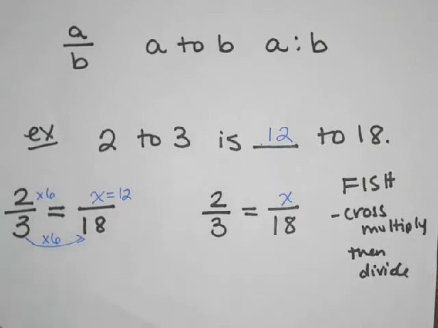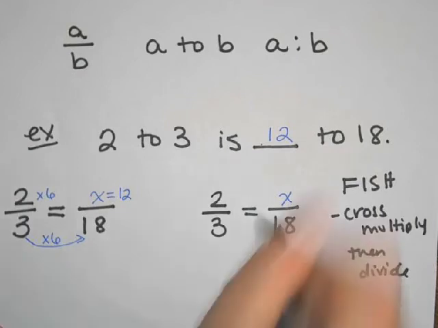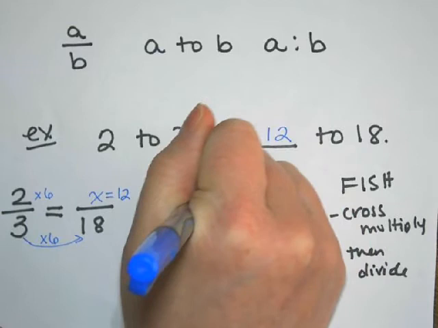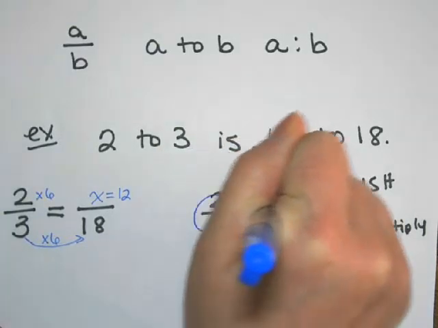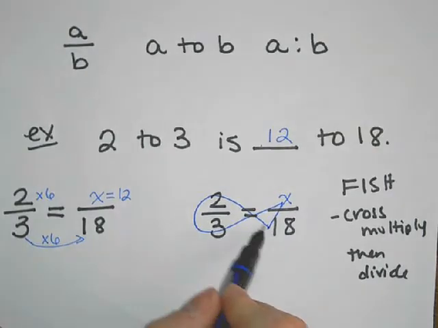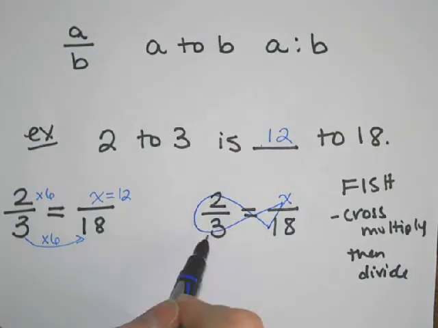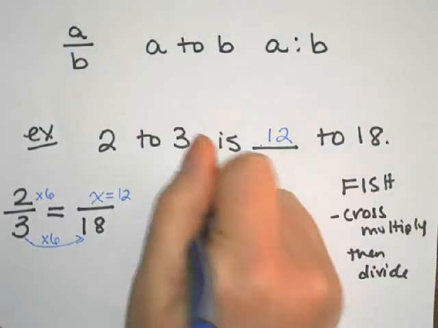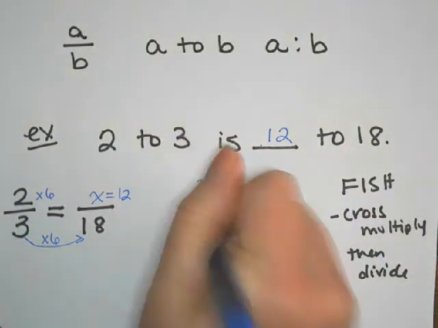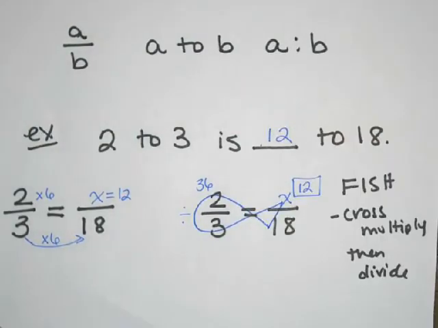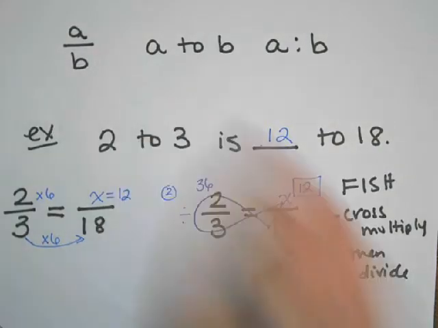The reason it's called fish is because when I draw this out, it makes a fish. So I'm going to take 18 times 2 and then divide by 3. 18 times 2 is 36. 36 divided by 3 is 12. So my answer would be 12. That is the second method.